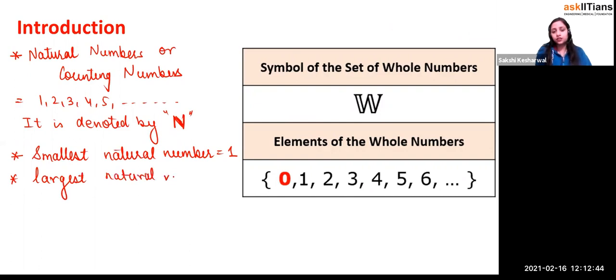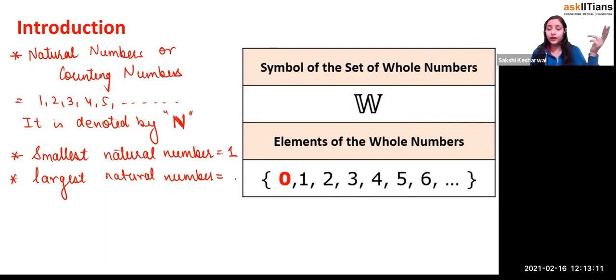Now if I ask you the largest natural number, how much will it be? You will be thinking, ma'am, arab, kharab, millions, trillions. No, no. If you think of a very big number and I add 1 to it, you'll get a new number, won't you? So you don't know which is the largest number, so we say that the largest natural number is undefined.